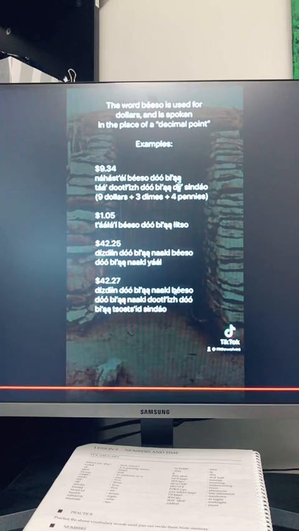Disdeen doba'a na ki peso doba'a na ki dot is doba'a, so it's sendao. So you're saying $42 plus 2 dimes plus 7 pennies. That's what that translates to. Does that make sense?